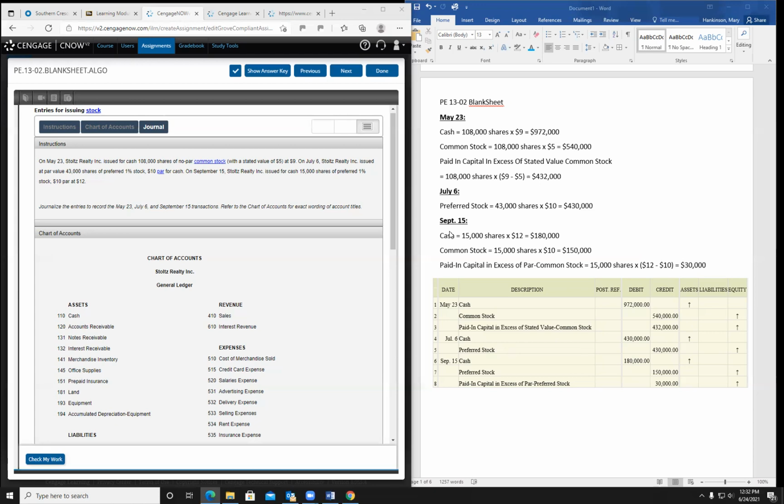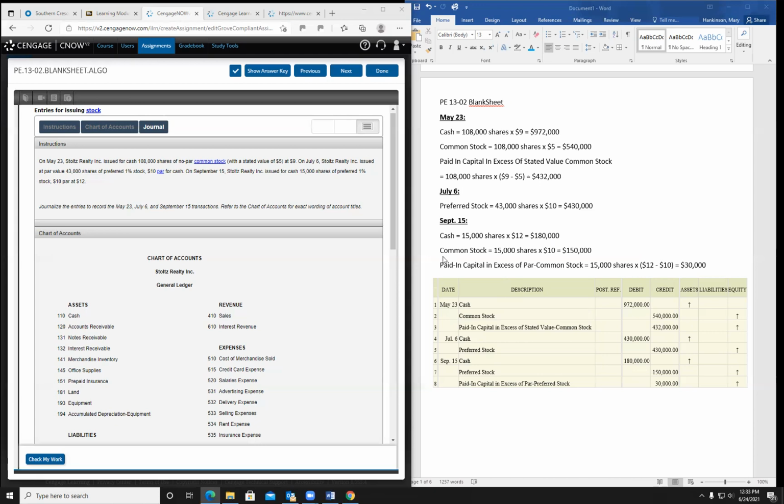Now on September 15th, we issued more preferred stock. We issued 15,000 shares of the stock, but this time we issued the stock at $12, still valued at 10, but we issued it at $12. So again, you're going to take the 15,000 shares, multiply it by the amount it was issued, which is $12, and that's $180,000. There's your cash entry of $180,000.